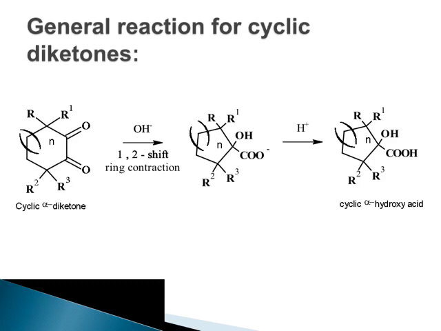So we get a carboxylate ion. Remember, in cyclic diketones there is a shift of sigma electrons and ring contraction takes place, followed by acidification to give cyclic alpha hydroxy acid. So here we have a hydroxy group and carboxylic acid functional group and the molecule is cyclic.